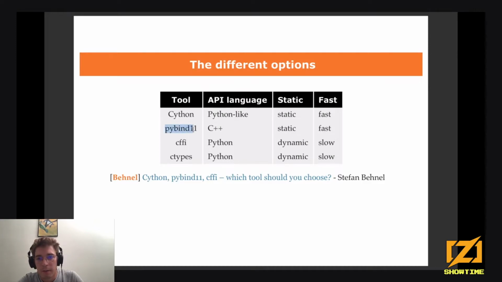You also have PyBind11, which is a C++ library that lets you manipulate Python objects. So you literally have a struct called PyObject, and you can set fields.